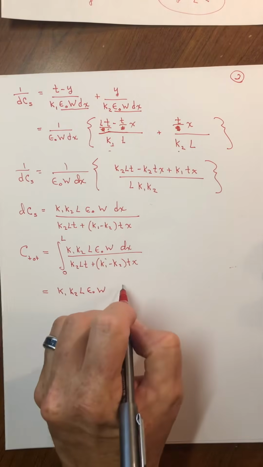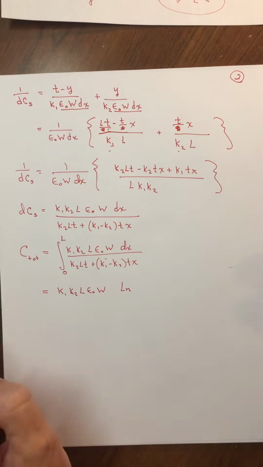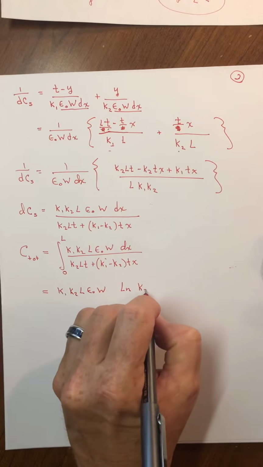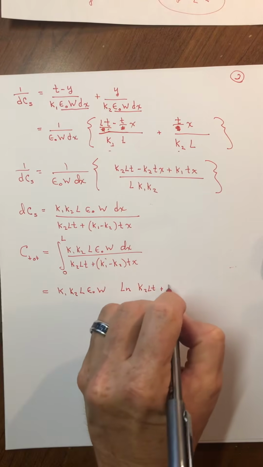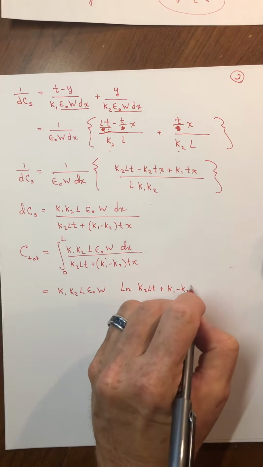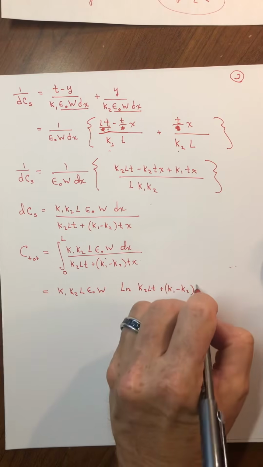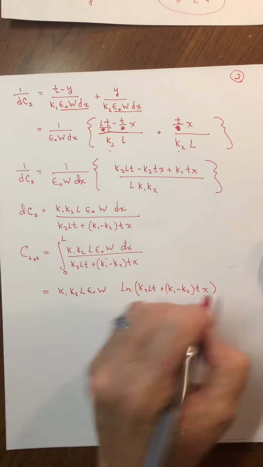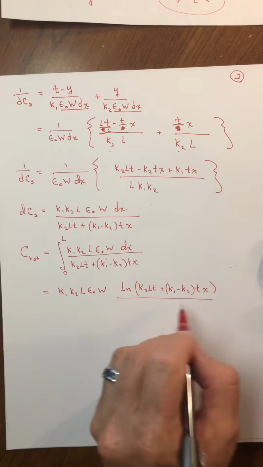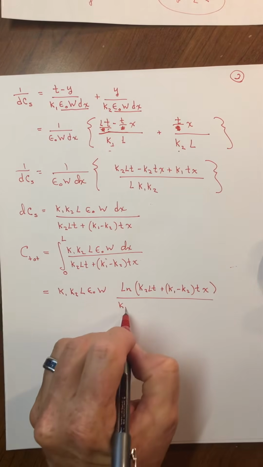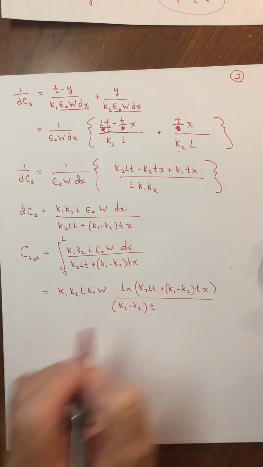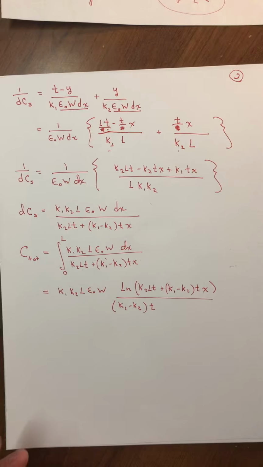But right here, it looks like this is a natural log of this kappa 2 LT plus kappa 1 minus kappa 2 TX. And then let me not forget all over, because of the chain rule, kappa 1 minus kappa 2 over a T. So this is kind of your traditional U sub.